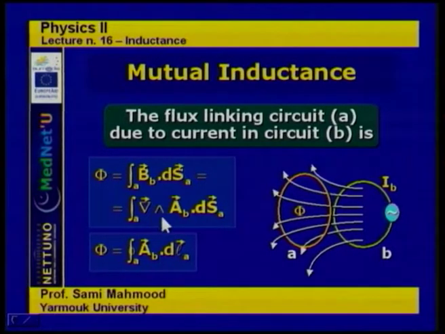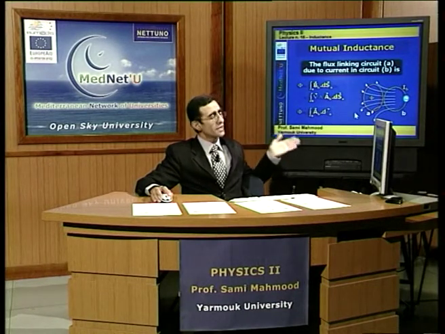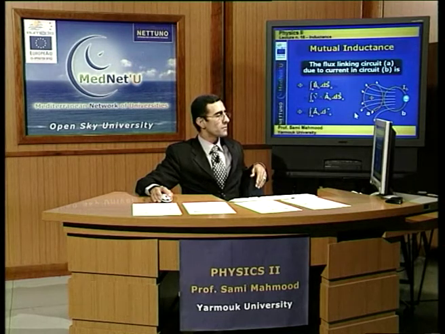So A arising from the current distribution in circuit B dot dl, the element of length in circuit A, and this is integrated over the circuit A. This is the flux linkage in A due to circuit B.